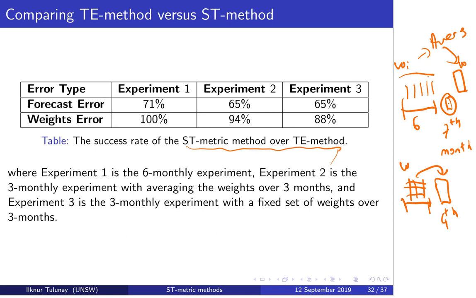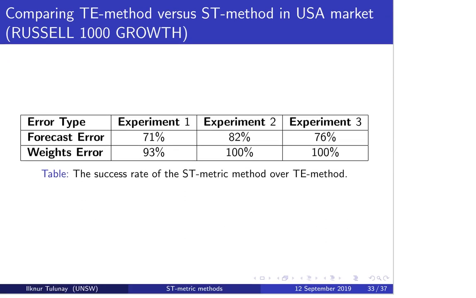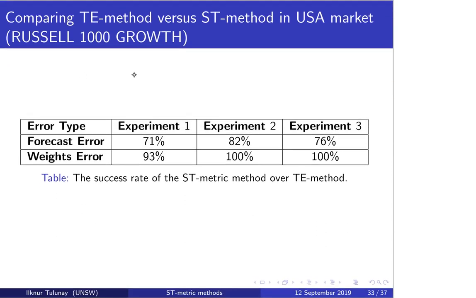And we did a similar thing for another data set, for the US market. This is from another data set, and the success rate of the ST metric over the TE is still really higher. In some cases the ST metric always gave better estimations than the TE methods.